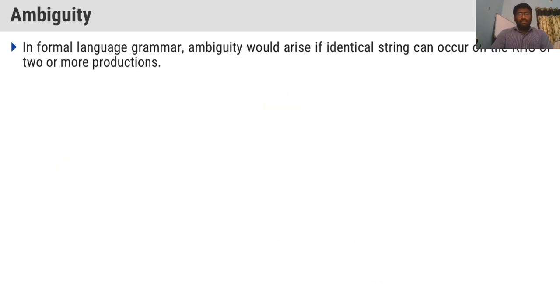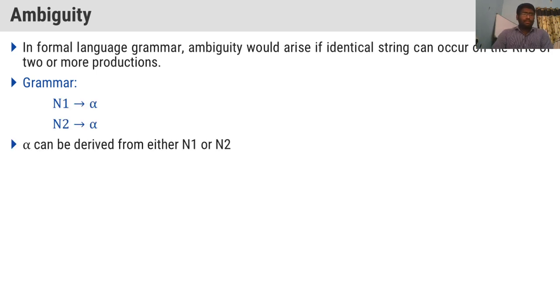Now we will understand what is ambiguous grammar. See, actually in formal languages, this ambiguity arises when we have more than one leftmost derivation or more than one rightmost derivation. I have taken an example grammar. N1 derives alpha, N2 is also deriving alpha. See, alpha can be derived from either N1 or N2, right?